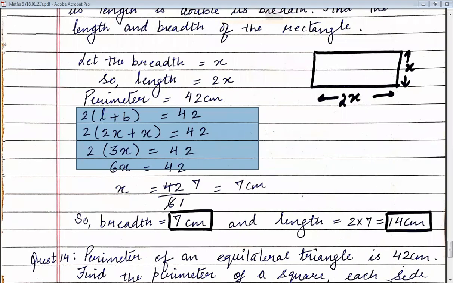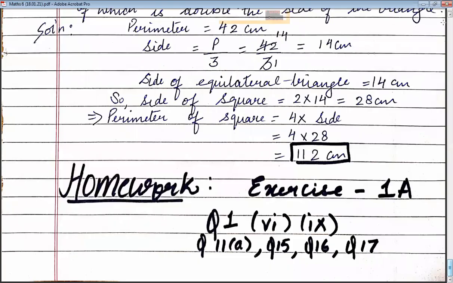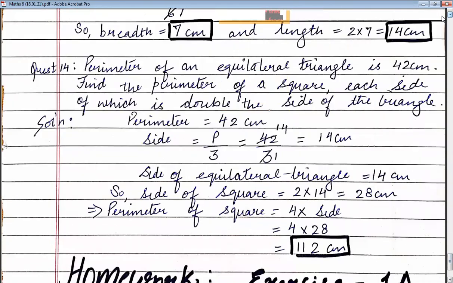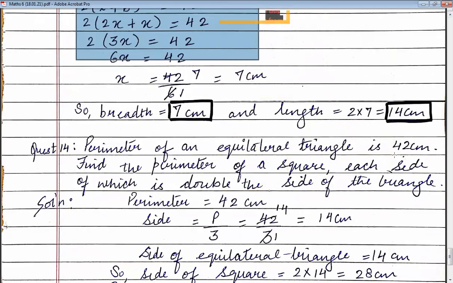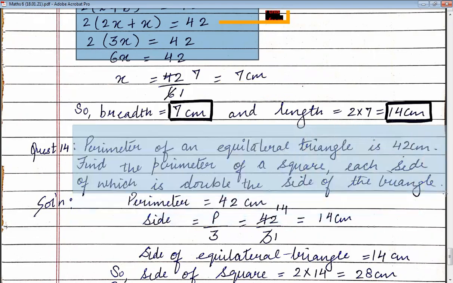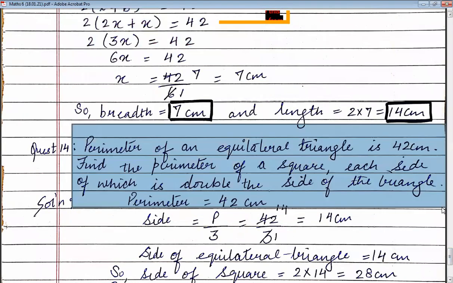Okay, I hope students you are clear with this question. Let's move on to our question number 14. Now children, in this, what is given to us? Perimeter of an equilateral triangle is given to us, that is 42 centimeter.